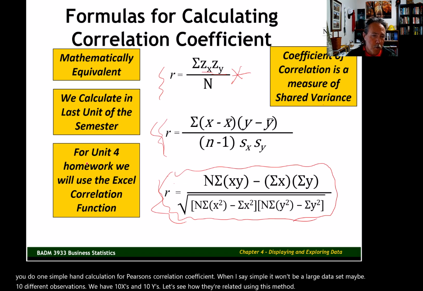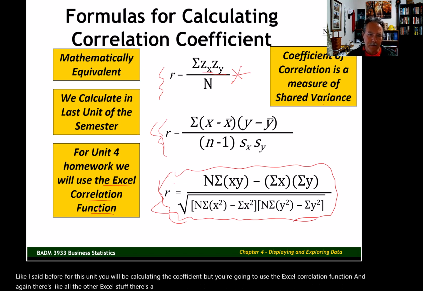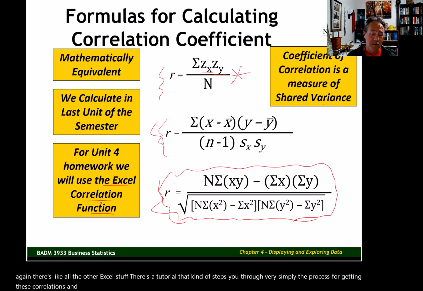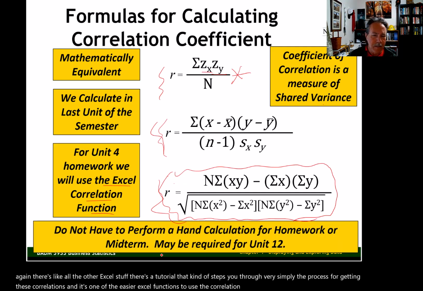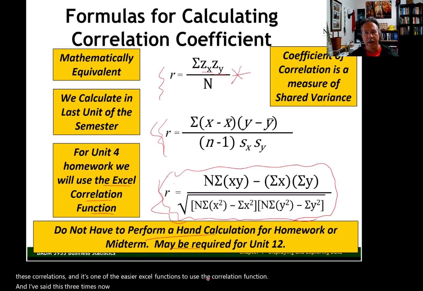Like I said before, for this unit, you will be calculating the coefficient, but you're going to use the Excel correlation function. And again, like all the other Excel stuff, there's a tutorial that steps you through very simply the process for getting these correlations. And it's one of the easier Excel functions to use, the correlation function. And I've said this 3 times now, the hand calculation may be required for Unit 12.